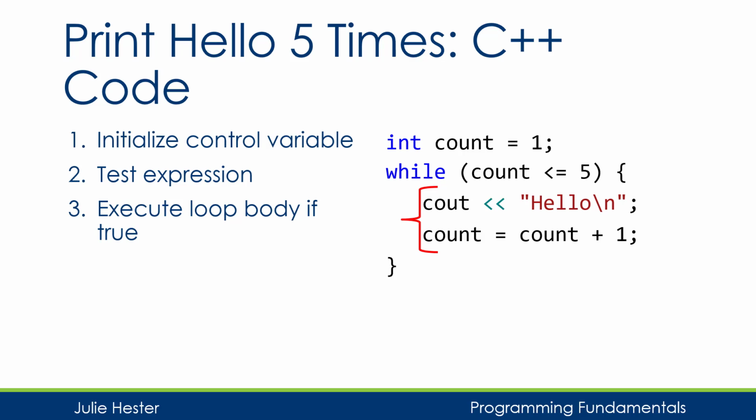The two statements inside the code block were the two processes that I executed if the decision had a value of true. So if my count is less than or equal to 5, I'm going to display hello, and I am also going to update that control variable of count by incrementing it by 1, or adding 1 to count's value.